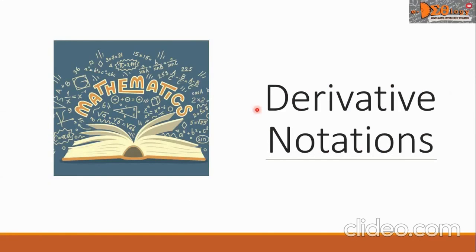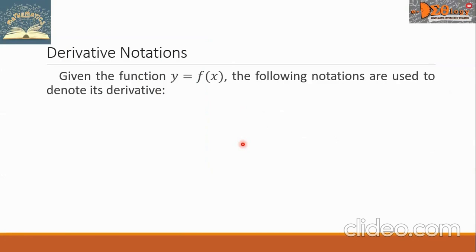Hi everyone. Today we're going to study derivative notations. Given the function y equals f of x, the following notations are used to denote its derivative. This is the first notation, and we read this as f prime of x.